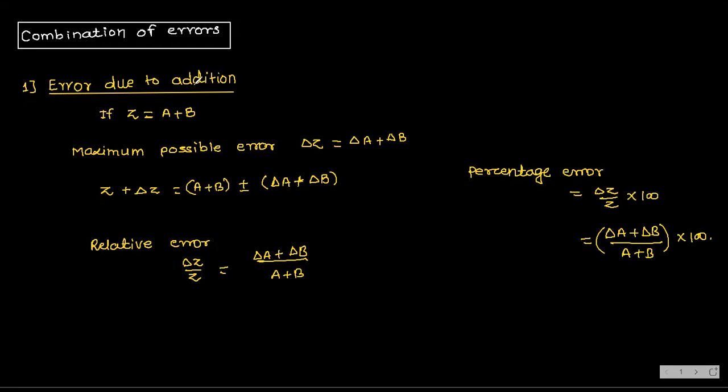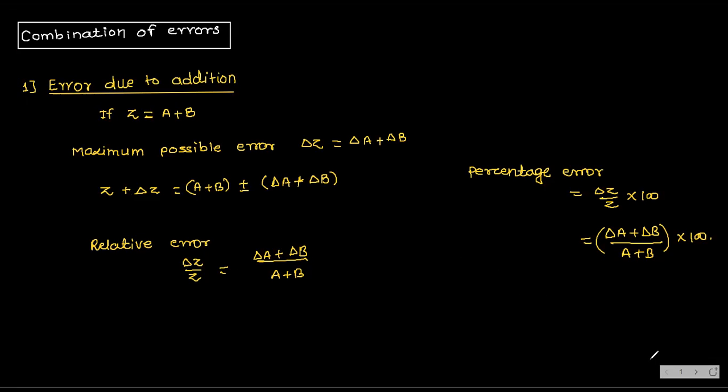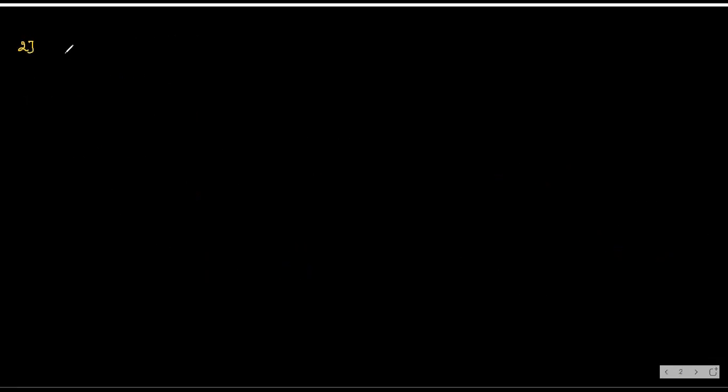Second one, error due to subtraction. Now you can see here it is addition, so subtraction means now a minus b you will get. Okay, let's see ahead. So second one, error in case of subtraction, error due to subtraction.